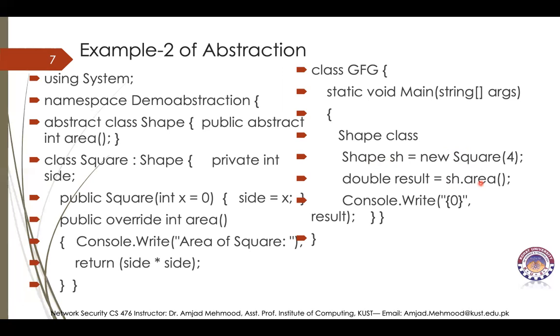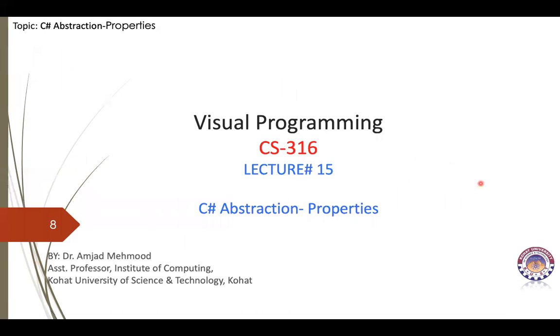As we know from the definition of inheritance, the child class method will be called through the reference of the parent class. So the parent class will have only one reference, and all the child class methods will be called through the parent reference. That's why this is called polymorphism.